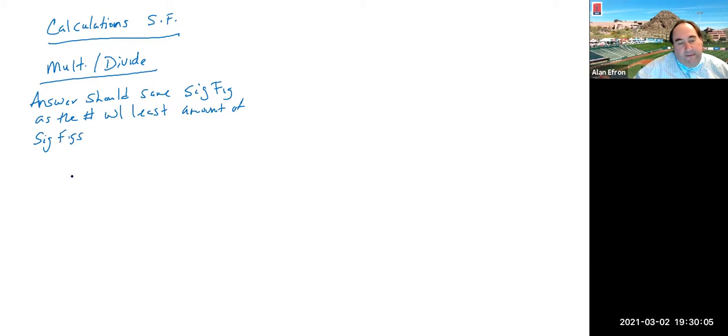So if I took 325 and I times it by 0.10, this number here has 3 significant figures. This number here has 2 significant figures, these 2. That means that my answer should end up at 2 significant figures. So again, you want to keep track of what you're doing, multiplying, dividing. Significant figures is what you're looking at.